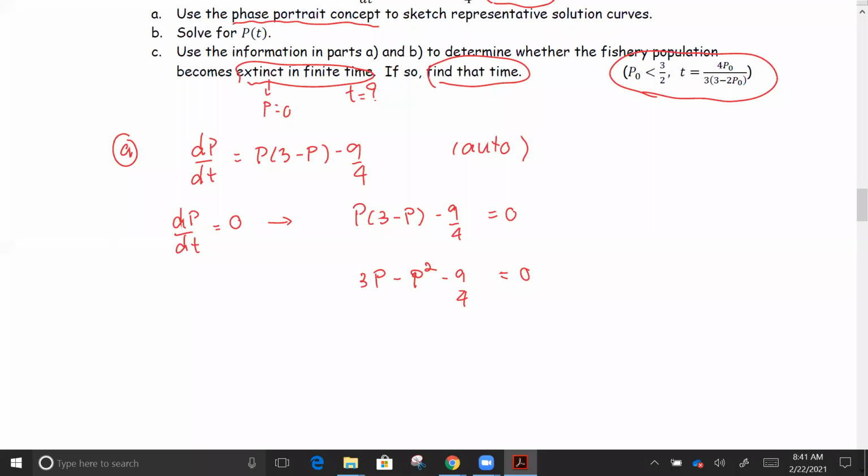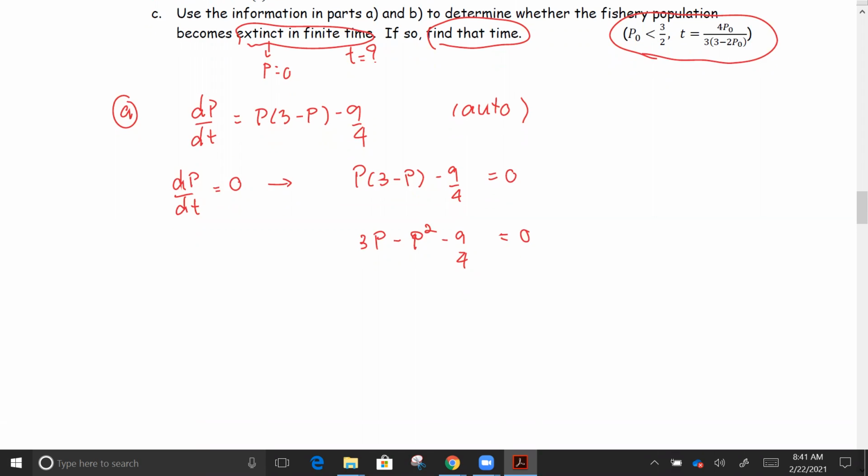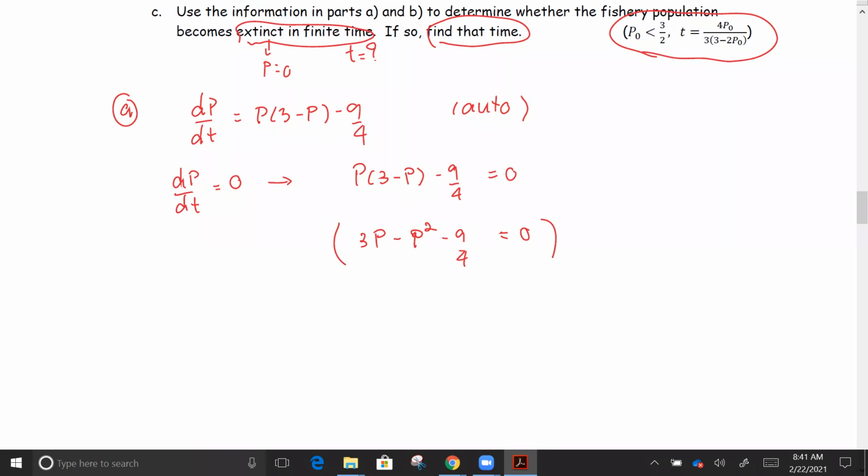Multiply all by 4 and you will not lose anything. It just makes the problem less complicated. If I multiply all by 4, I will get 12P minus 4P squared minus 9 equals 0. And then I rearrange the terms with the negative sign out: 4P squared minus 12P, the middle term is negative, the last term becomes plus, plus 9 equals 0.